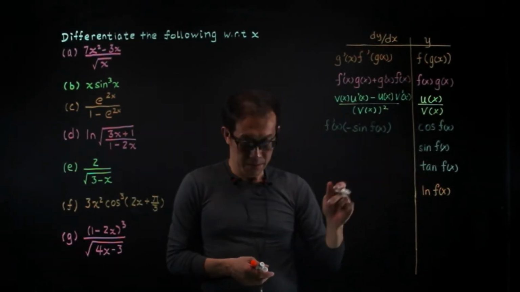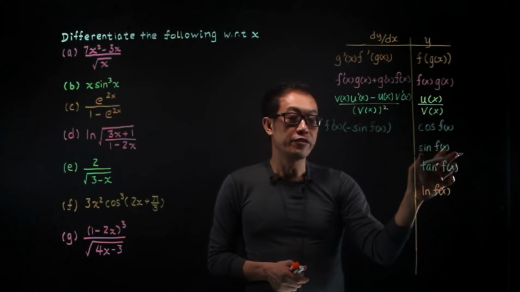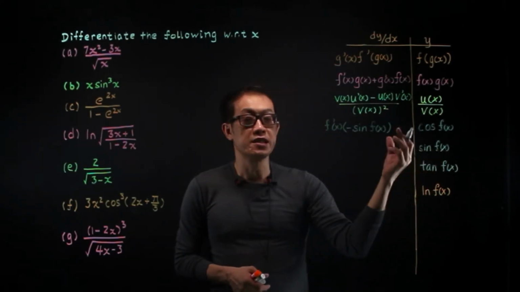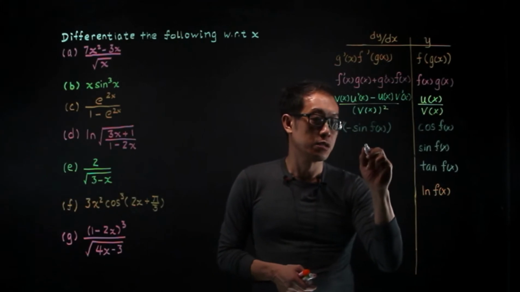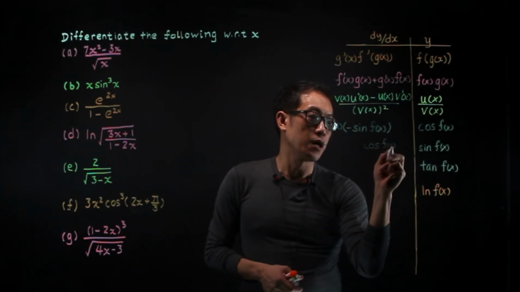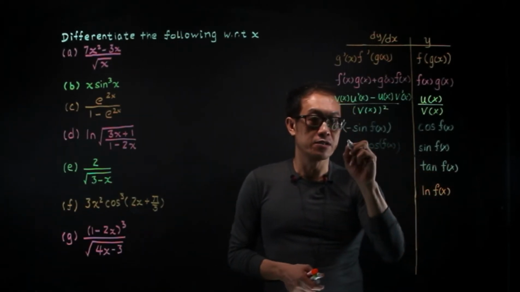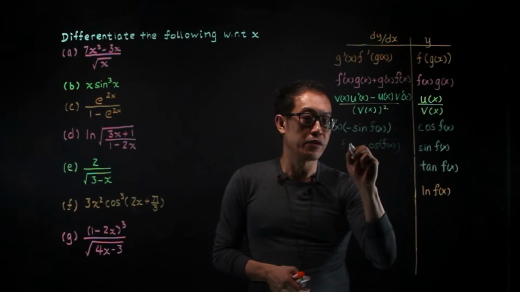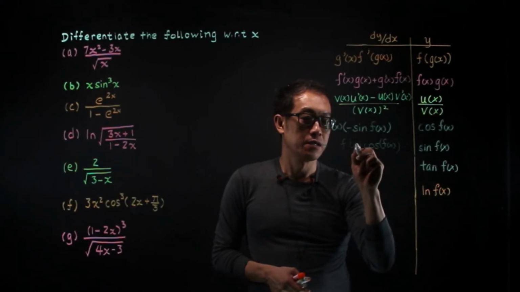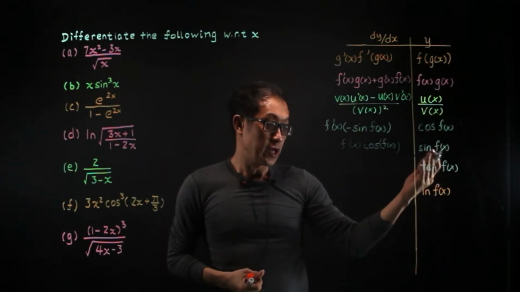Now how about this? It's the same thing. You differentiate sine f of x, you differentiate sine first, you get cos f of x. And then you differentiate f of x, you get f prime of x. Same thing goes for tangent f of x.